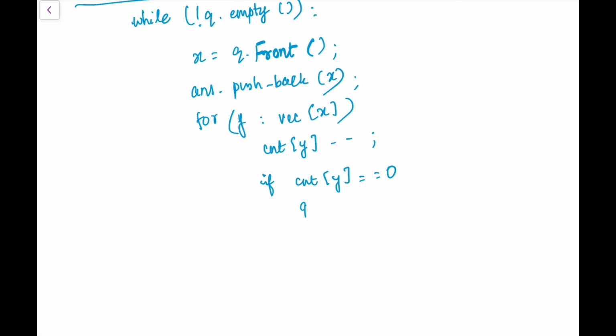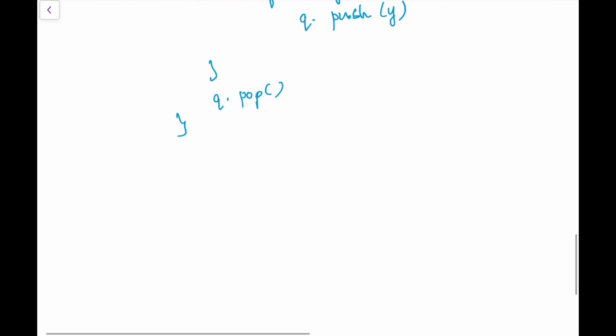What I can do is q dot push y. Okay, so from here to here we have one bracket, and at last also we need to do a q dot pop. So this is the BFS approach.